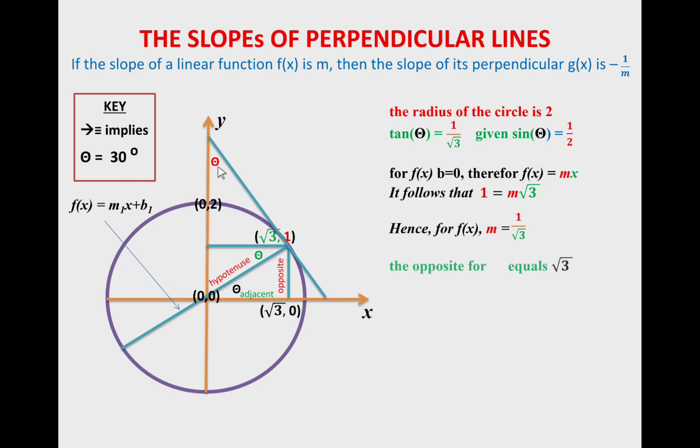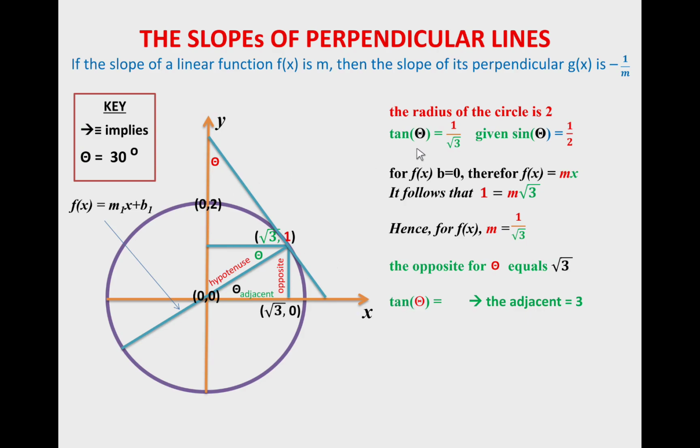Now that we know that this particular angle is equal to theta, we want to look at the opposite of this angle and how much it is. The opposite of theta is this line, and its length is square root of 3. So if we know this line and know its length, square root of 3, then we want to use the same approach to find tan theta for this theta.